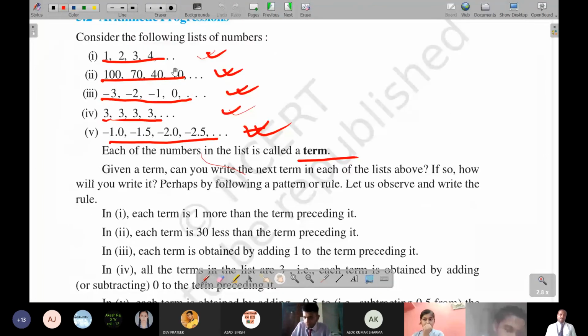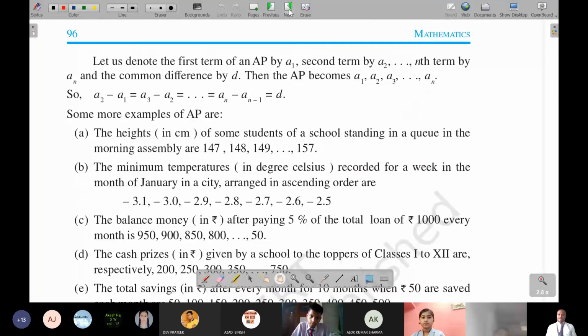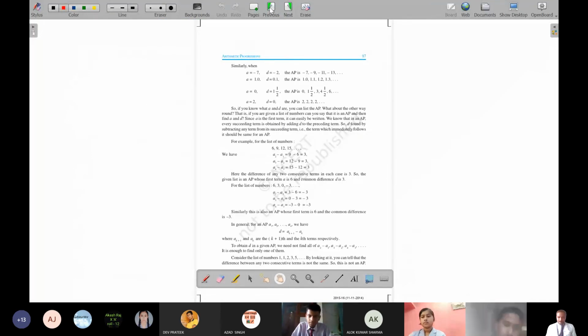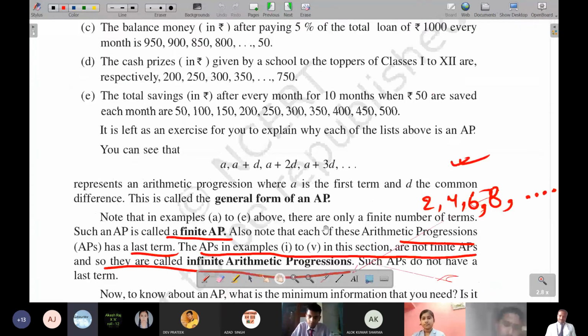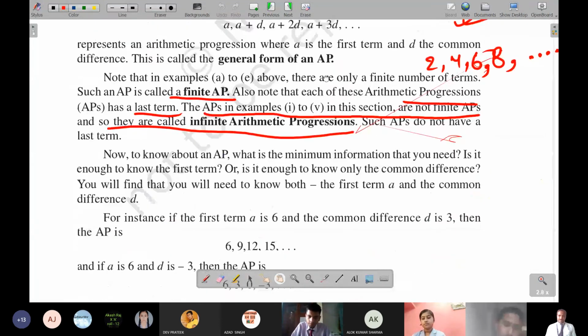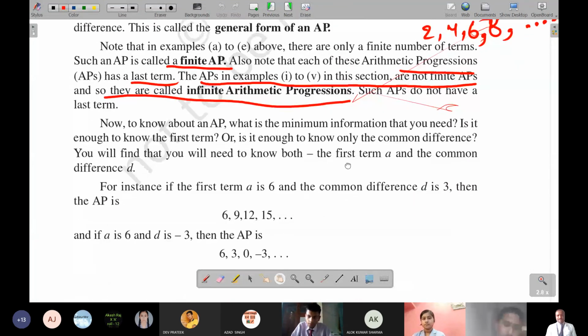Yes, here 1 to 5. You will see dot dot dot given. That means they are infinite. Got it, students? Yes. But sir, what do finite AP and infinite AP mean? Where the last term is known, that is finite. Where the last term is not known, that is infinite.